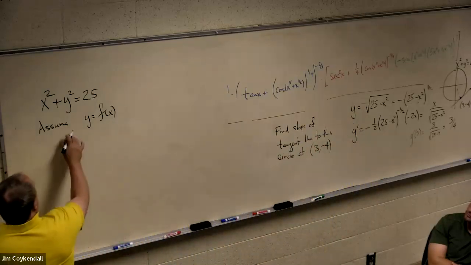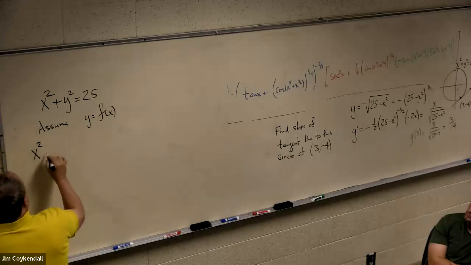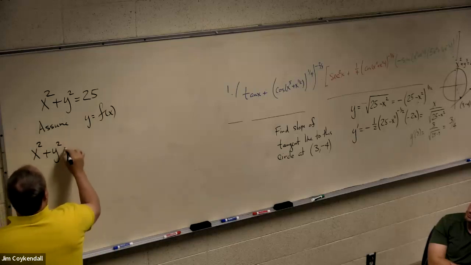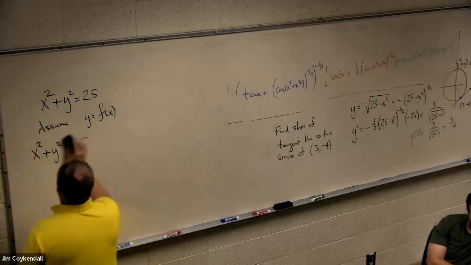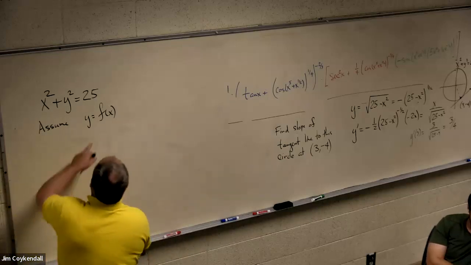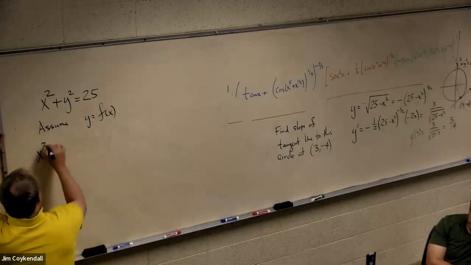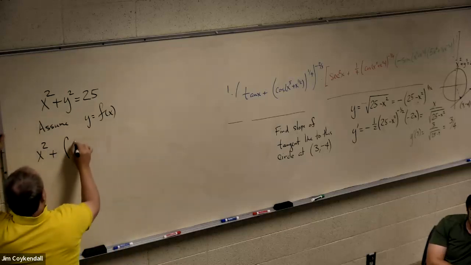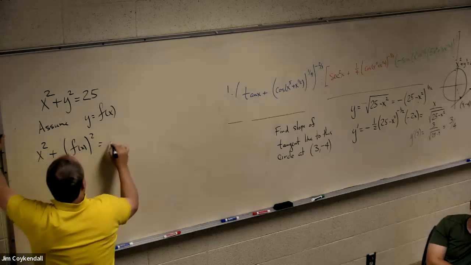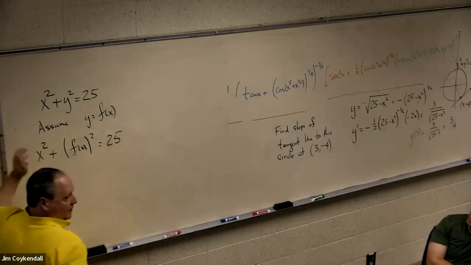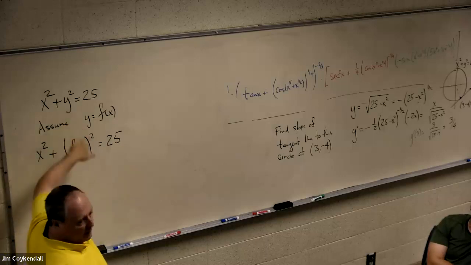So here's what this becomes, and I'm going to do this in parallel. So if y is equal to f of x, let's just write this equation this way. Just replace y with f of x.